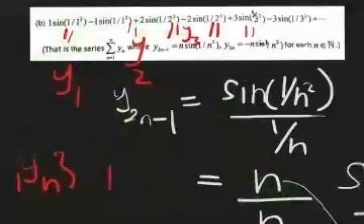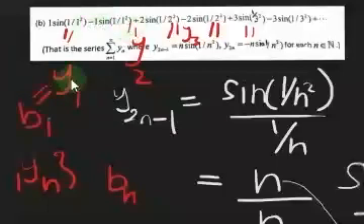So this quantity is b sub 1, which is the same as y n.